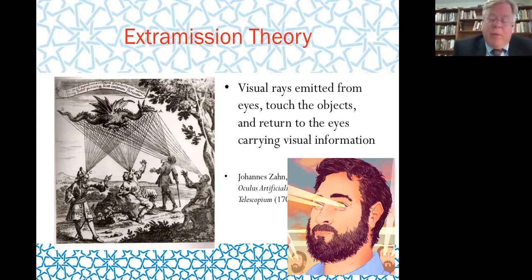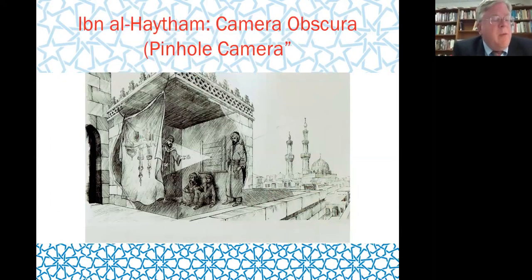So Ibn al-Haytham pioneered both thought experiments and actual scientific experiments to understand the process of vision. So the first thought experiment consisted of this. He considered an eye directed at very distant objects, such as planets in the heavens. According to the extramission theory, the visual ray has two legs of its journey.